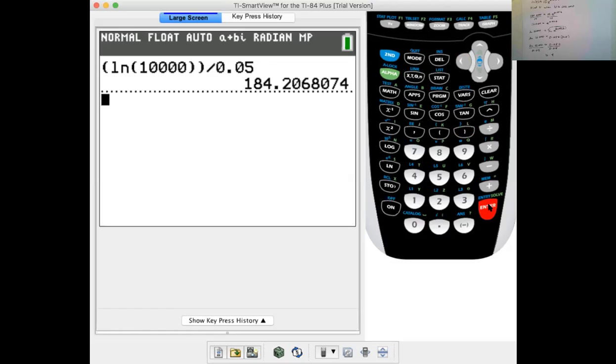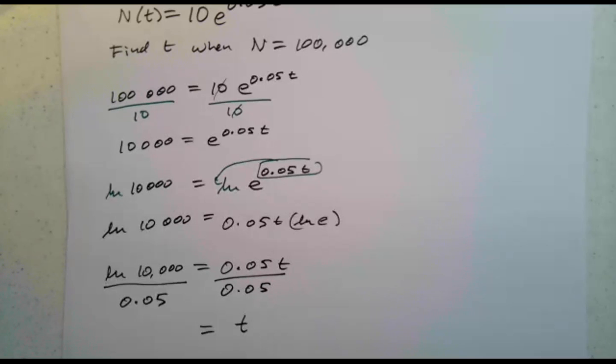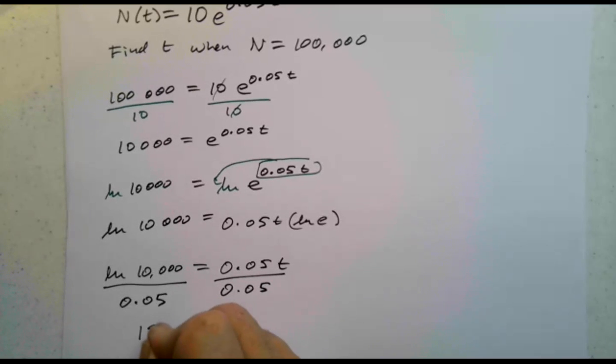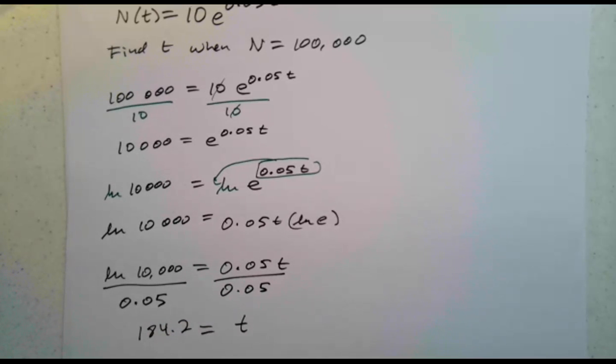And we get about 184 days. t is 184.2. If we go back to Desmos, if we get out to 184 days, we should see close to 100,000 people infected. So let's jump to Desmos and see if that's the case.